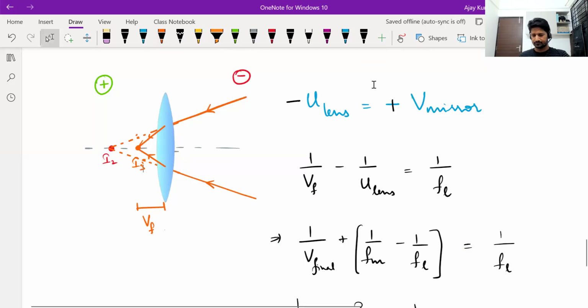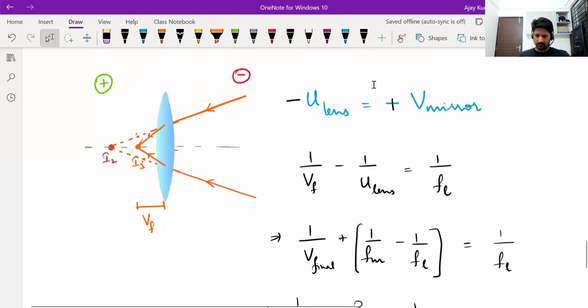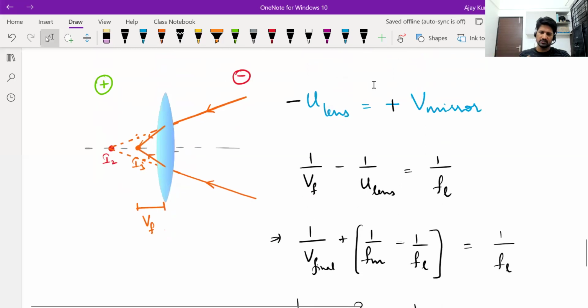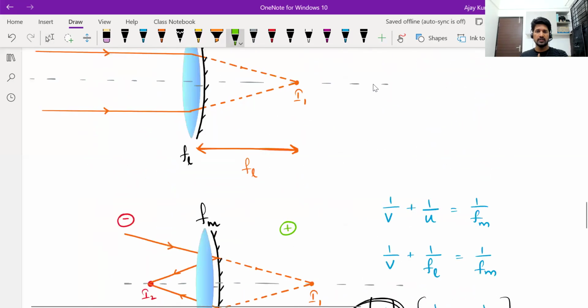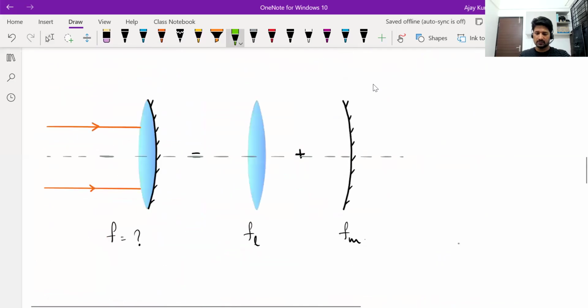But see, for the lens now, for the light which is going back, this side is positive. Fine. And you will get this as positive only. But we are not looking for focal length of this lens. We are looking to derive the focal length of this silvered lens.